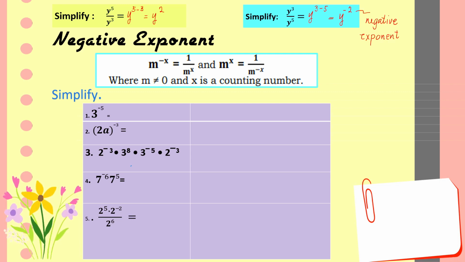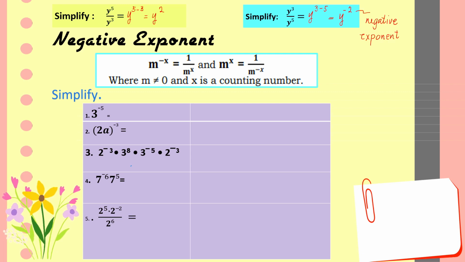A negative exponent is m raised to the negative x is equal to 1 over m raised to x. So, ang gagawin lang natin dito is to eliminate the negative exponent by using its reciprocal. So, ibig sabihin, yung numerator natin, ililipat natin sa denominator and then i-remove natin yung kanyang negative exponent, where m is not equal to 0 and x is a counting number.